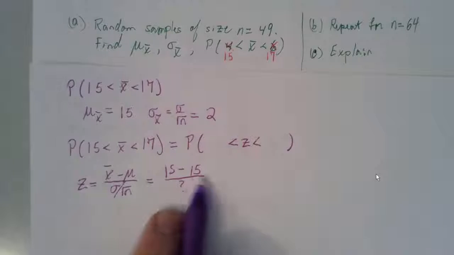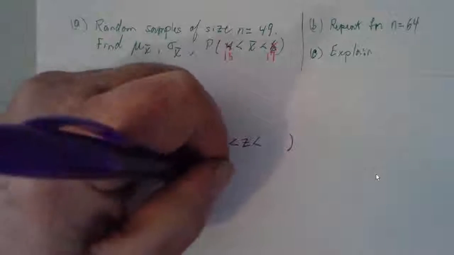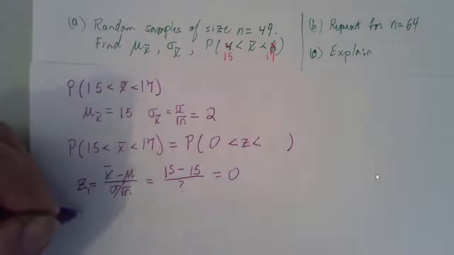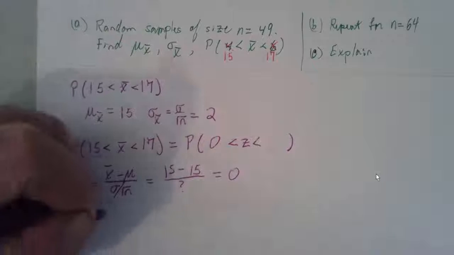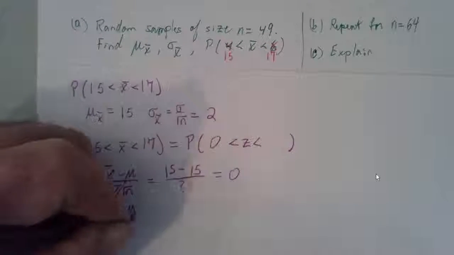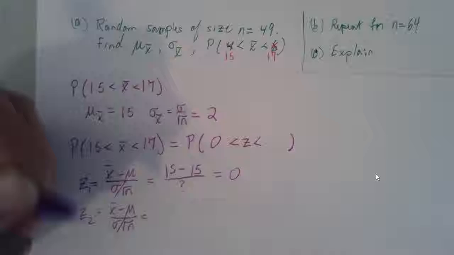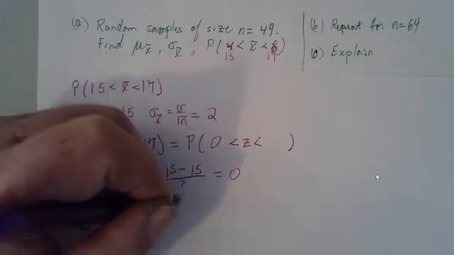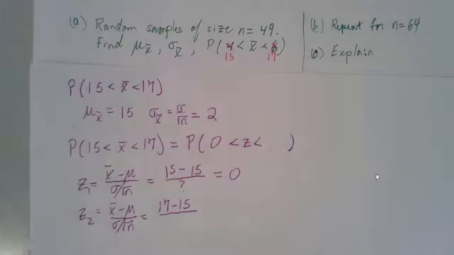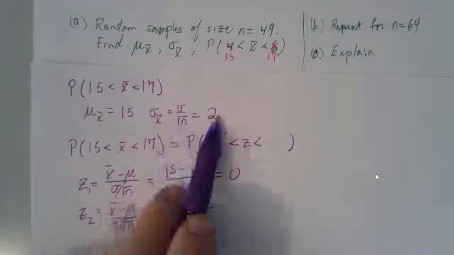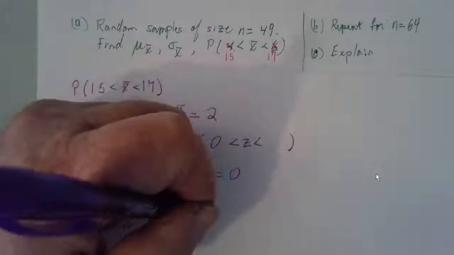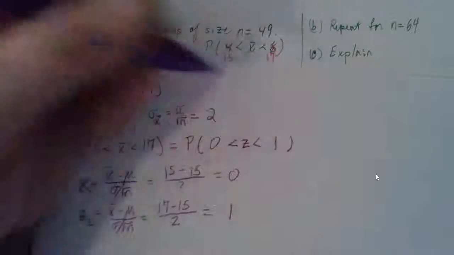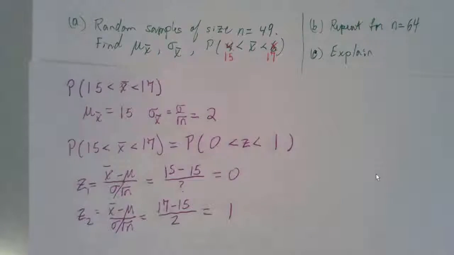We have 15 minus 15 is 0. So we get a 0 there. Let's call that Z1. Z2 is our next x bar value. The next x bar value we're interested in is 17. Subtract off the mean of the x bars, divide by sigma over root n, which we've already computed, that's 2. So 17 minus 15 is 2, 2 over 2 is 1. So we're interested in z values between 0 and 1.